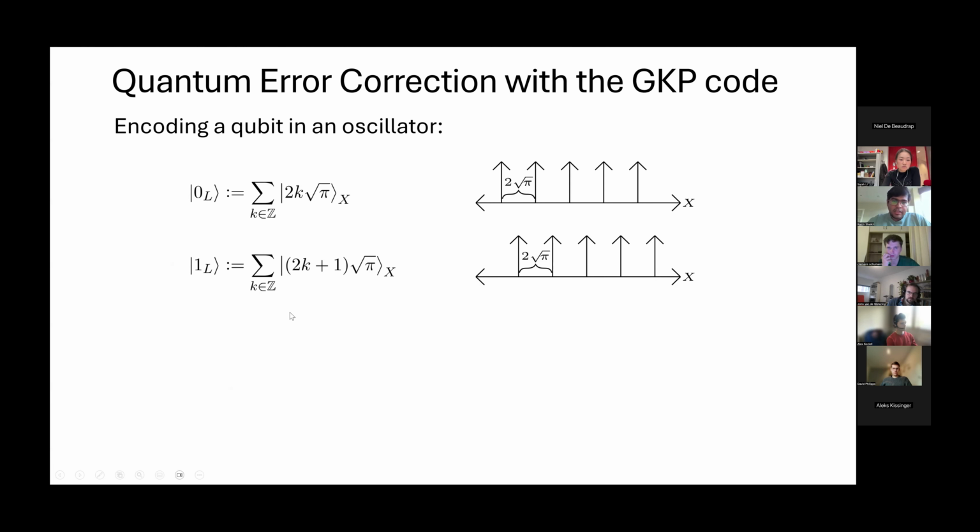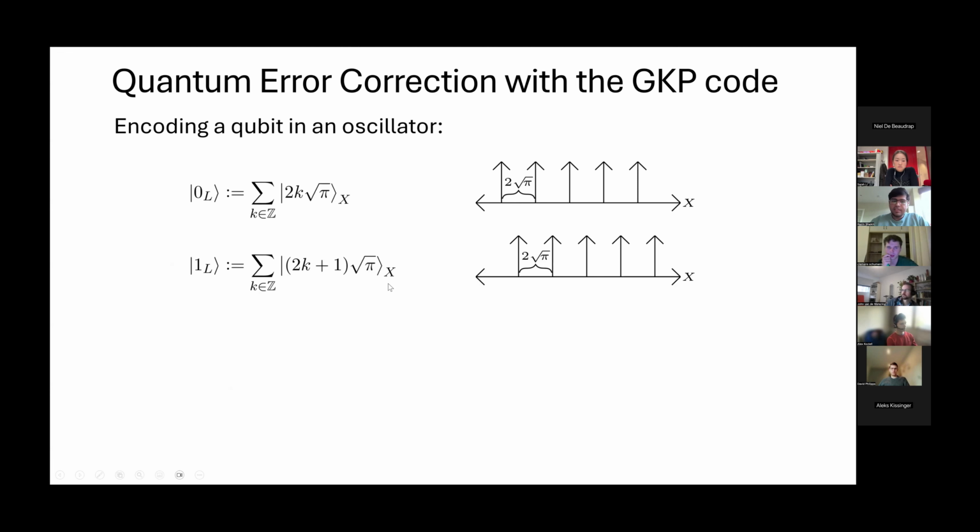And for ket 1, you would consider the same comb, but now shifted by square root of pi. In other words, ket 0 is all the even multiples of square root of pi in the position basis, and ket 1 is all the odd multiples of square root of pi in the position basis.